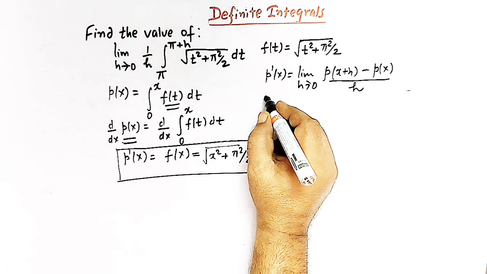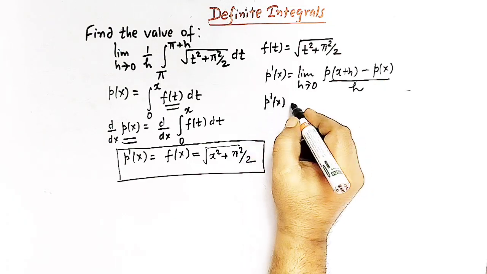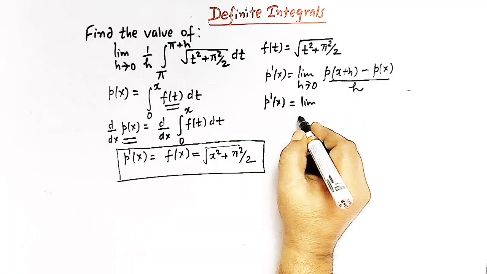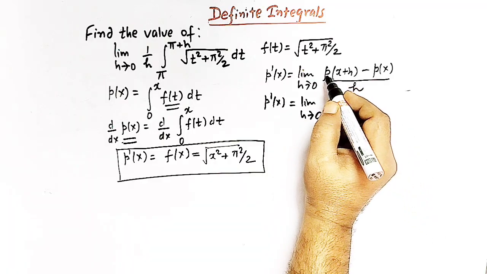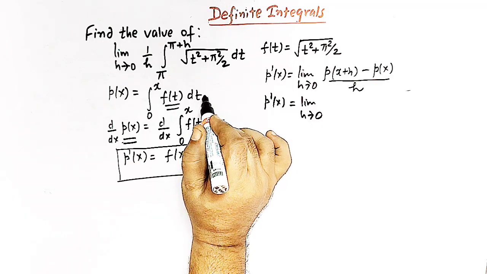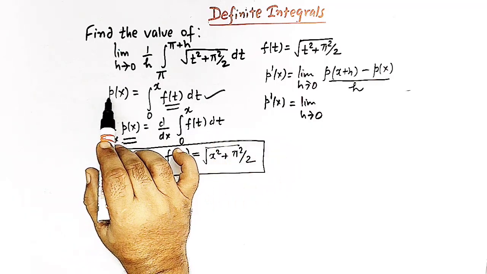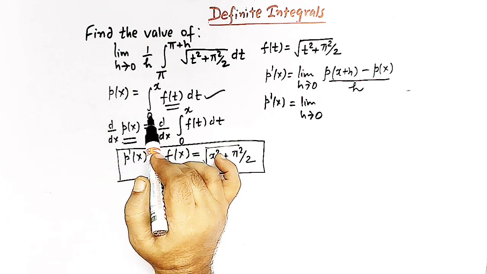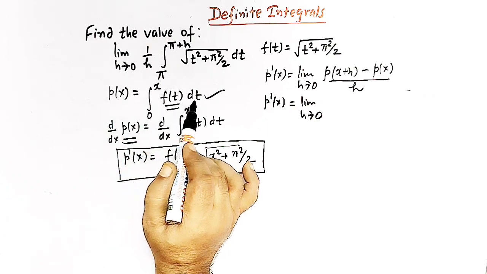So now we can write p prime of x, and here we have limit h tends to 0. Now p of x plus h can be obtained by this expression. Here we have p of x is equal to integral 0 to x f of t dt.